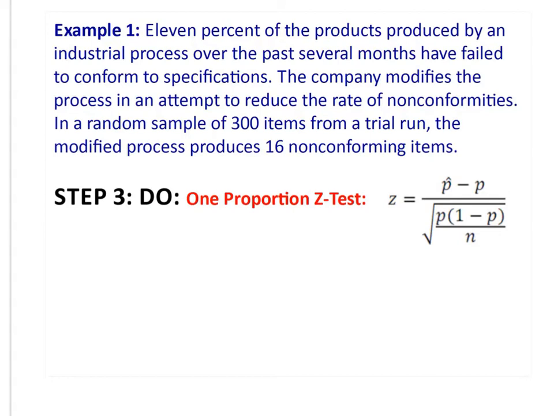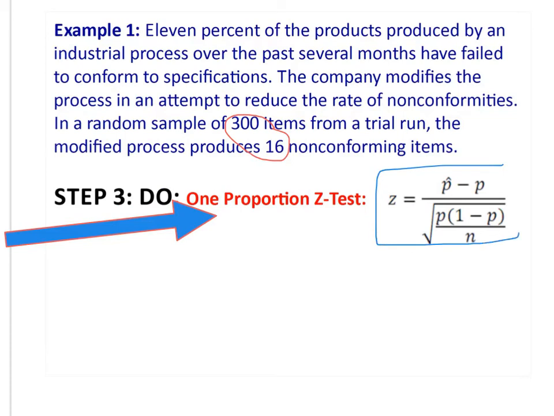We are doing a 1 proportion z-test, because I'm given 1 sample proportion. The formula for a 1 proportion z-test is this formula right here, and in fact, we've seen this already this year. We've seen this exact formula. Now, we're just putting it into the third piece of our puzzle or the third piece of our process.